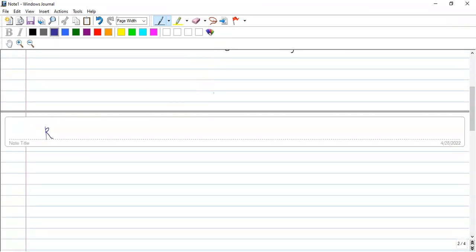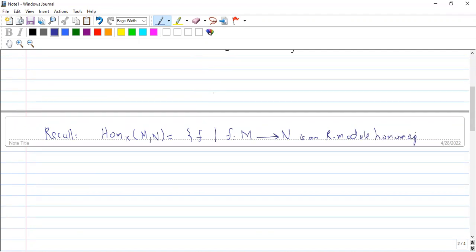Just try to recall that Hom(M, N) is the set of all R-module homomorphisms from M to N. First, try to see that whenever we have a map from one module to another module, what is the relation between their Homs.